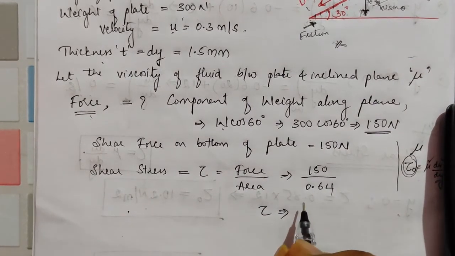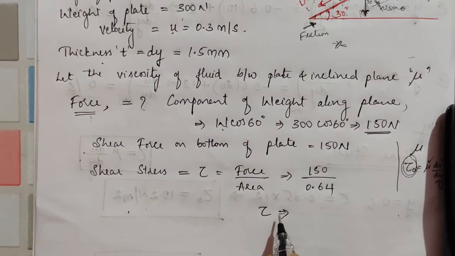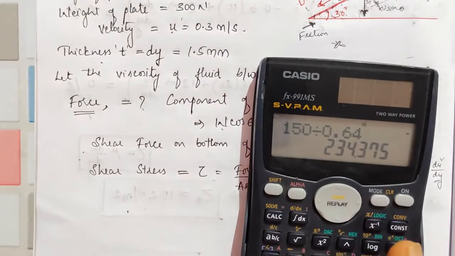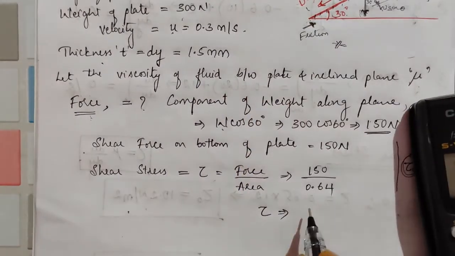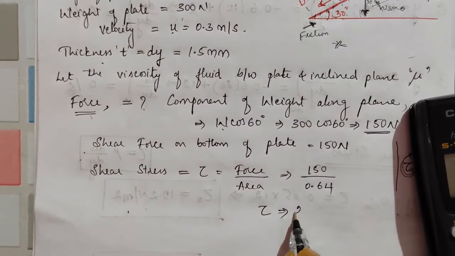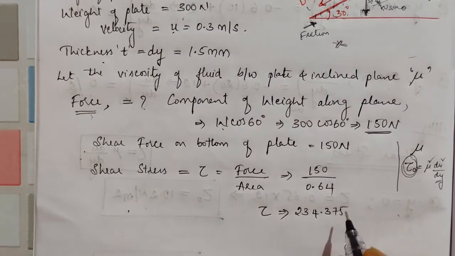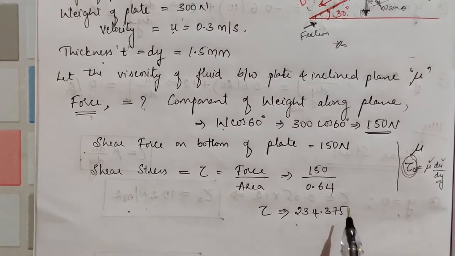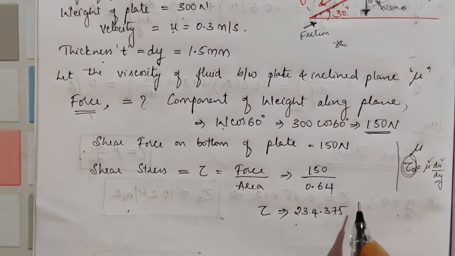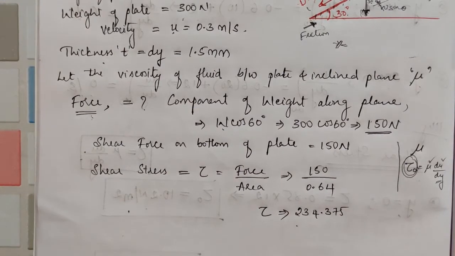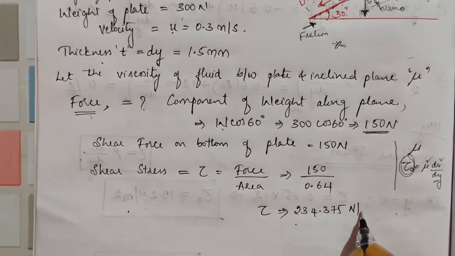So your shear stress, you can take either 234.375 or you can keep it like this only, because it is not the ultimate value, right? Newton per meter square.